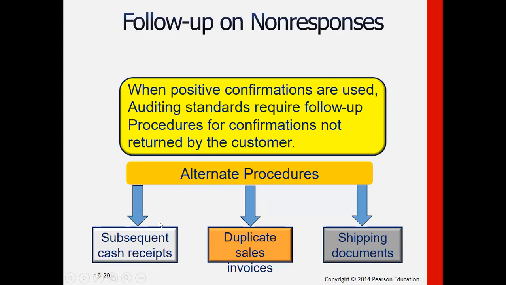For example, if no response is coming from the customer, we will check the following days or weeks or months, what cash receipts were received from such customer. So that can also be used as a basis for the balances of AR, just to check. So for example, balance of November, and then there are some collections in December, we can verify.